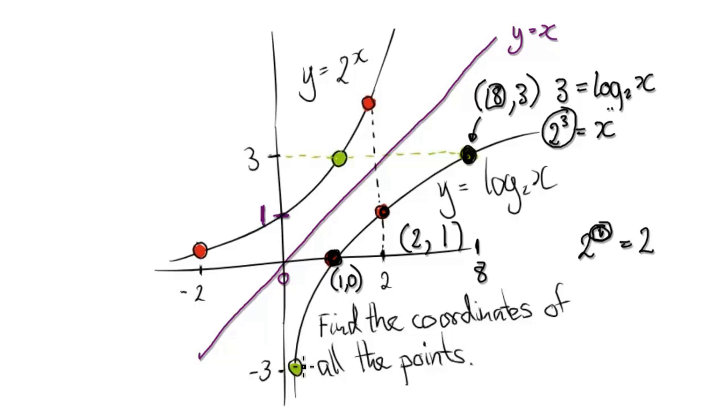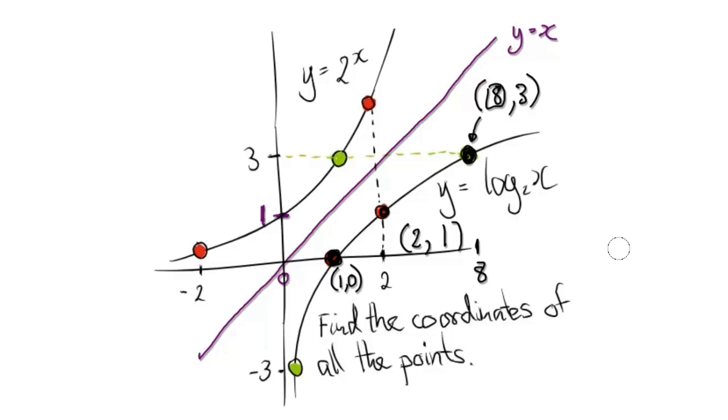And then let's tackle this one now. We know the height would be -3. So put this into the y, and then work backwards to find x. So put -3 into y equals log base 2 of x.